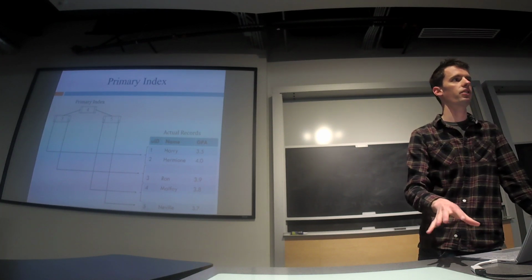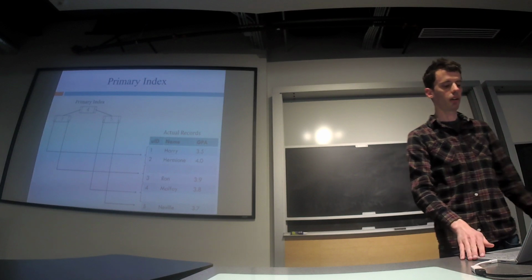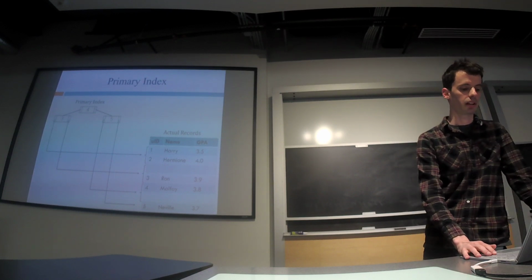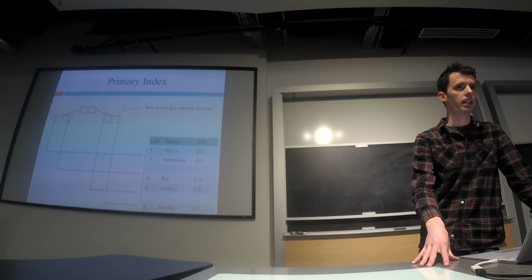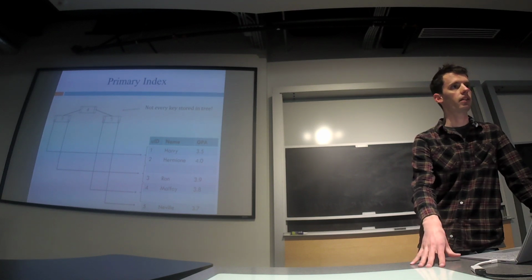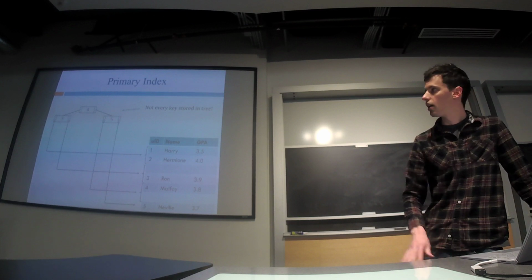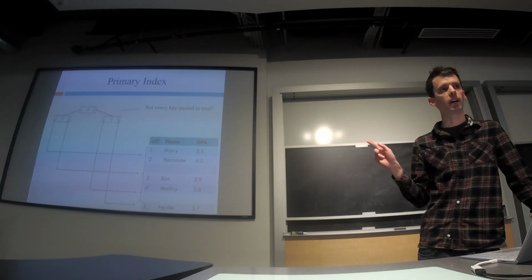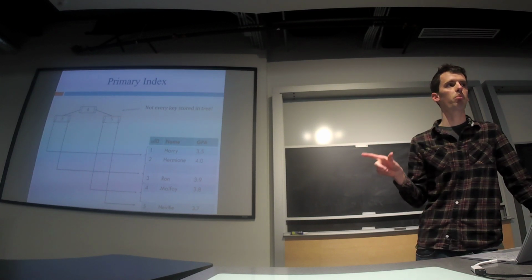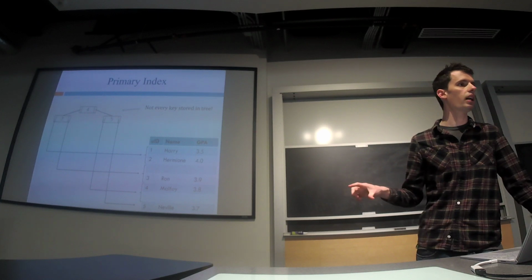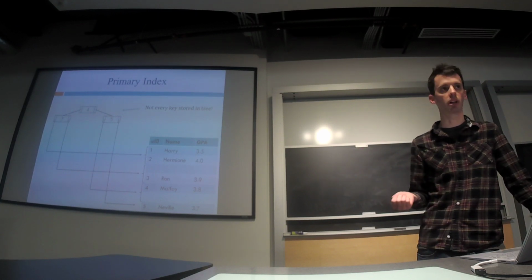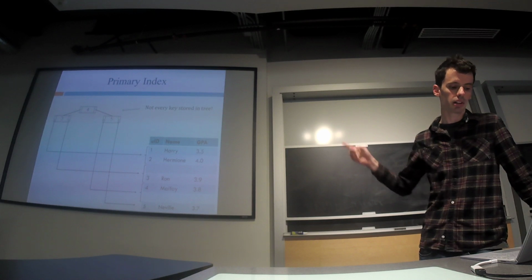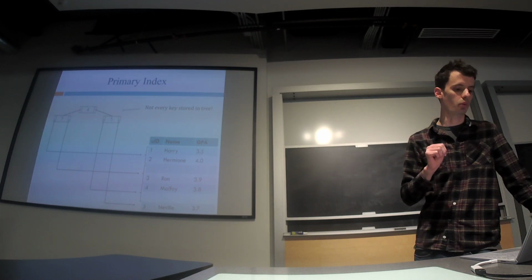A couple of interesting things to note here. Look at the primary index and note that it does not actually even hold every key. It doesn't need to. Just having the 3, the 4, and the 5 in there is enough to get me to whatever page I need that holds the row I'm looking for. Look at Harry and Hermione, their keys are 1 and 2.